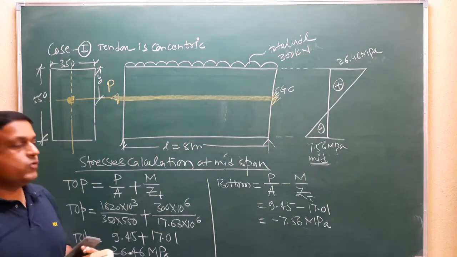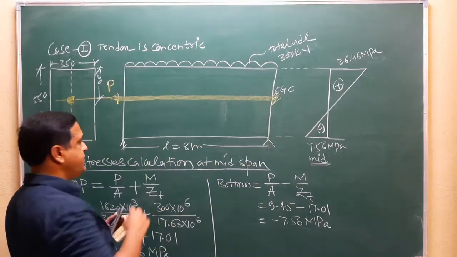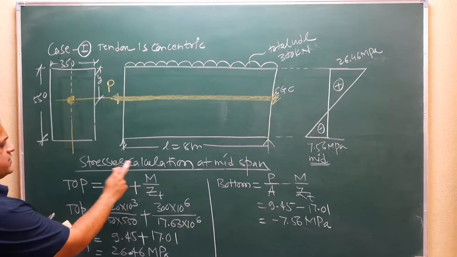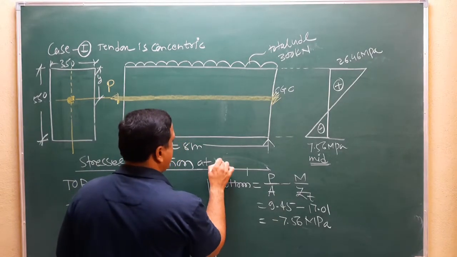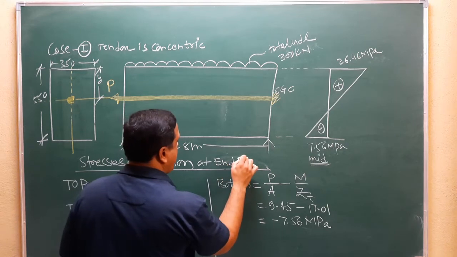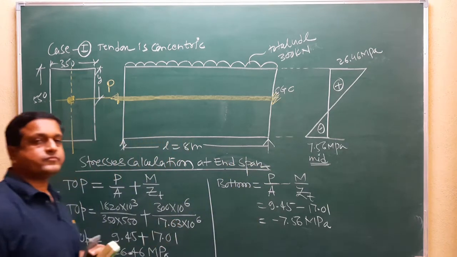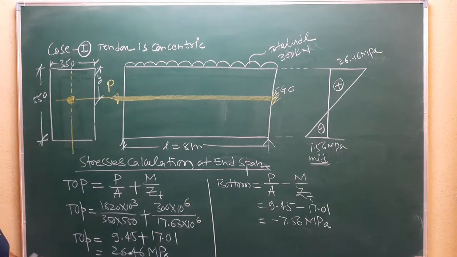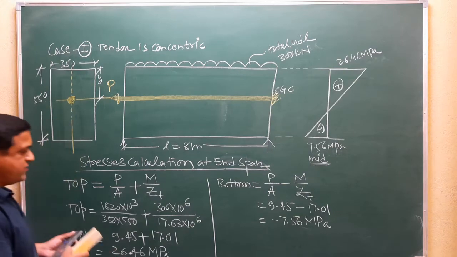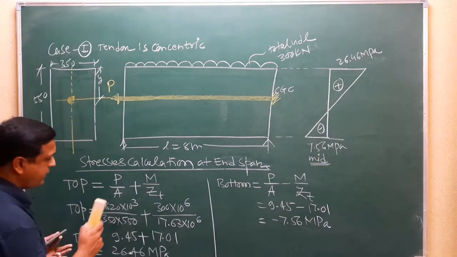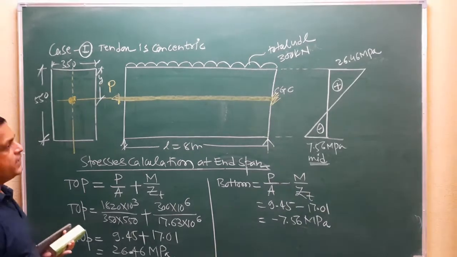Now you have to calculate the same stresses at the end section. Now stresses calculation at end section. What will you do? The formula for top fiber stress and bottom fiber stress is the same.